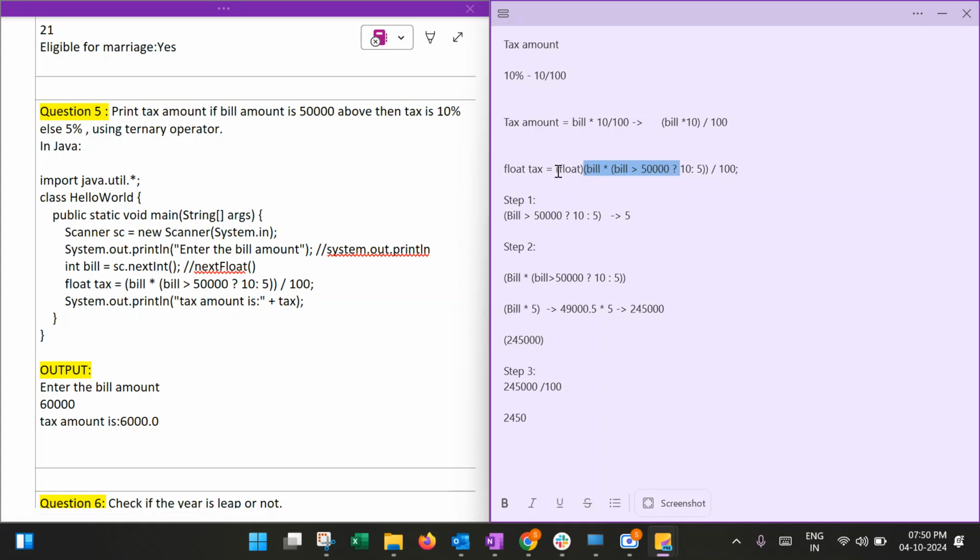Why you have to put this float: even though I have given the variable as float, this division will perform integer division only. Suppose the value is 2450.5, this is not the exact answer. This is the value, but it is doing integer division, right? So it will become like this, 2450. I gave float for the tax variable.